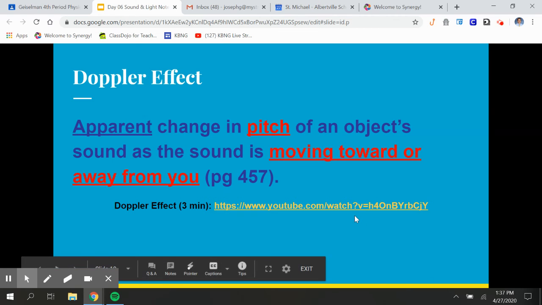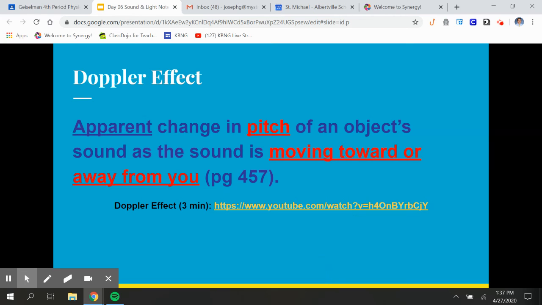There's a really cool video here. But with the Doppler effect, as that object is moving towards you, it's making a pitch. And as it's moving, it's actually reducing the distance between the leading edge of the sound waves. So the ones in front of the speaker are going to be perceived as a higher pitch because the object's moving and it's making noise. Those sound waves get really tight together.